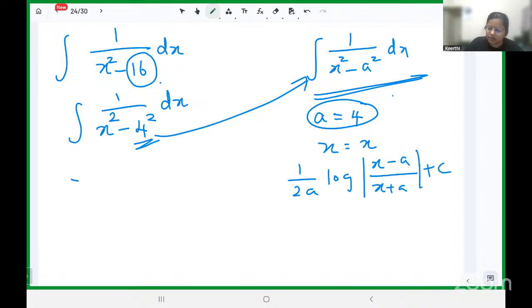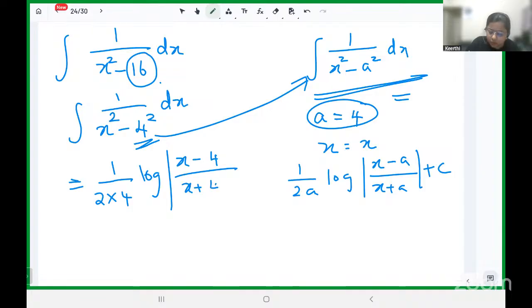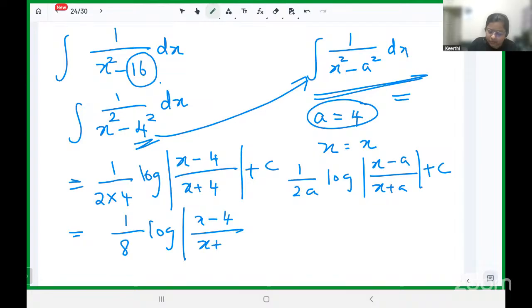Okay, this is our value of this result. Here, you have to substitute a as 4, isn't it? So 1 by 2 into 4 log mod x minus 4 divided by x plus 4 plus c. So what is 1 by 2 into 4? 1 by 8 log mod x minus 4 by x plus 4 plus c.